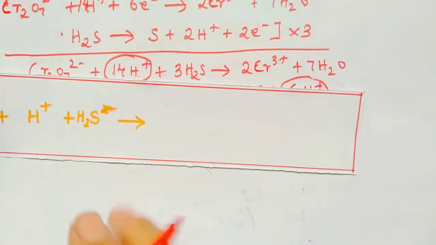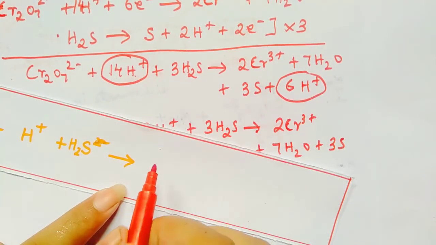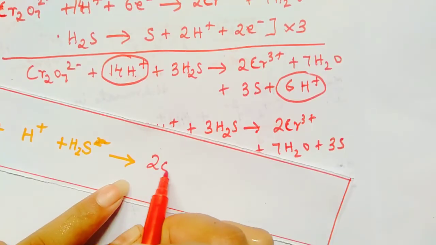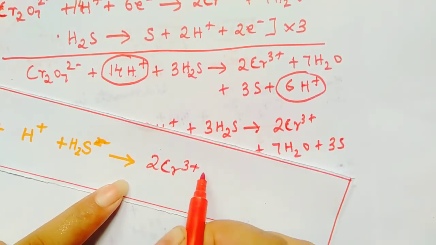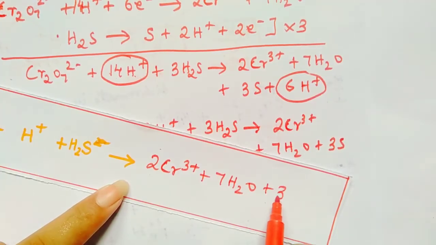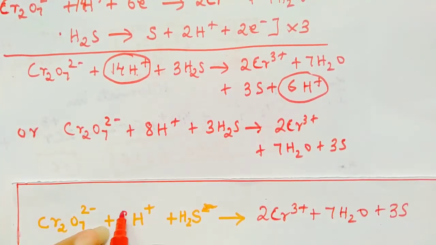So what are the products? 2Cr3 plus, 7H2O, 3S. Here you have 8, here you have 3.